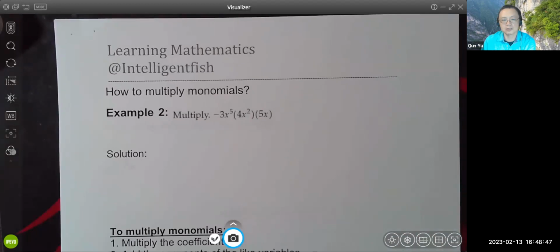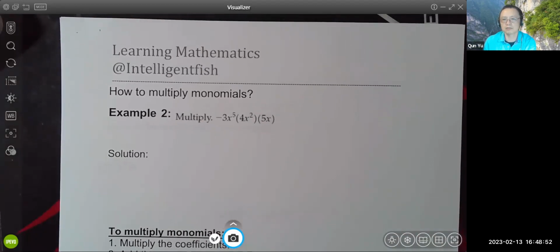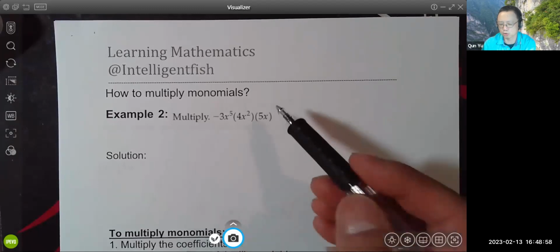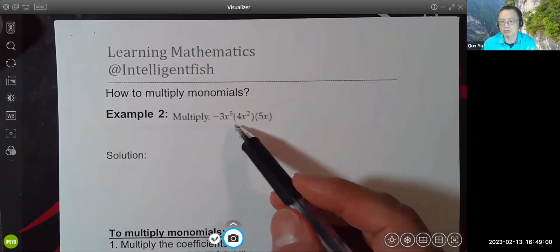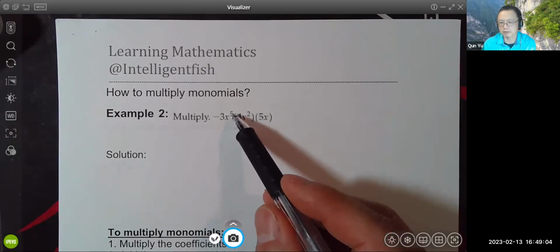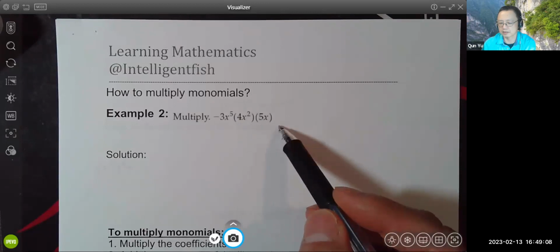And also, let's look at this second topic, how to multiply monomials, after we learn that formula. Now, let's look at example 2. In this example, we have 3 monomials: negative 3x to the 5th, 4x squared, and 5x.